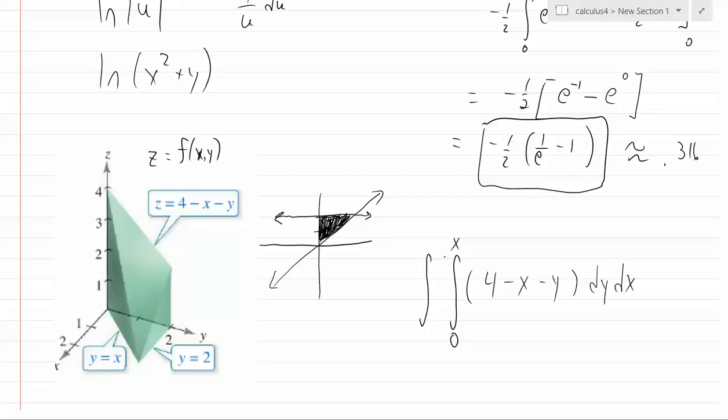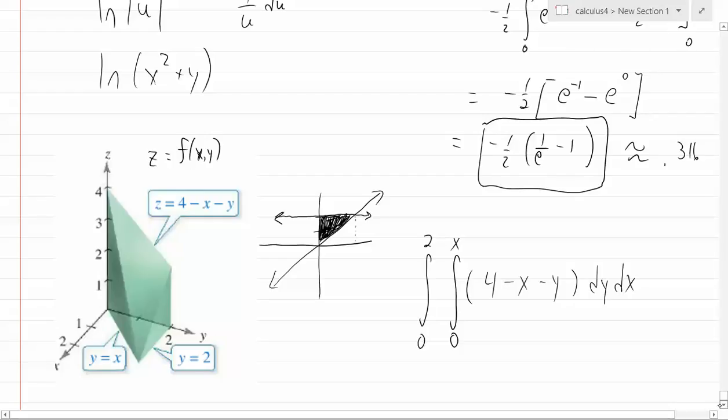So what did you use for it? Oh, I did it wrong. I used wrong values. But you use 0 to 2? How do you know 2? Is that 2 right there? Yes, 0 to 2. Well, it's y equals 2, and then x equals y.